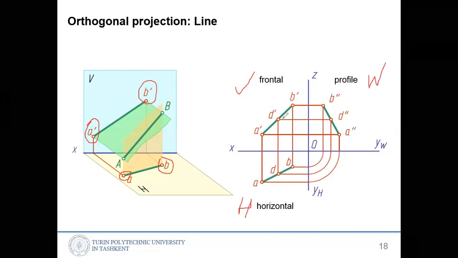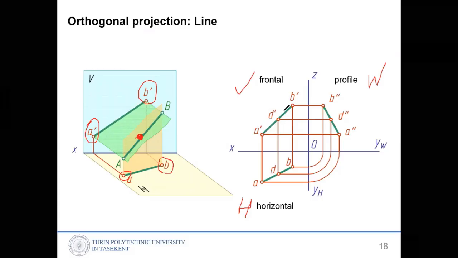All other points can be generated in between on the line. For example, point D is given somewhere here, that lies on AB. So the note is: the points which lie on the line in space will lie on it in every projection.